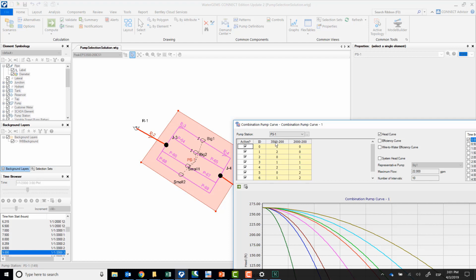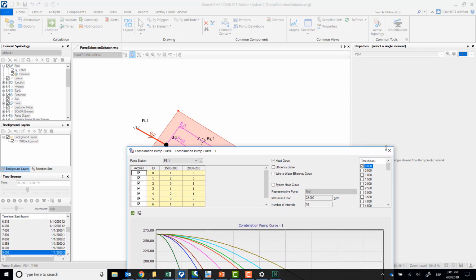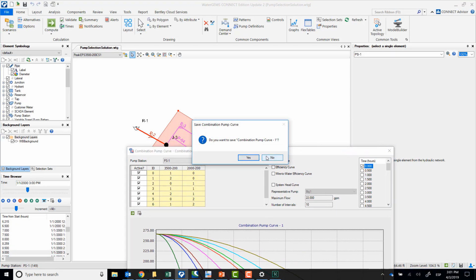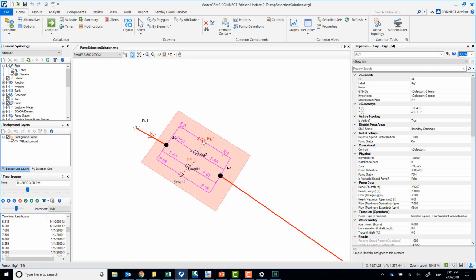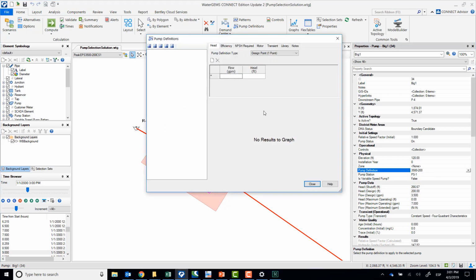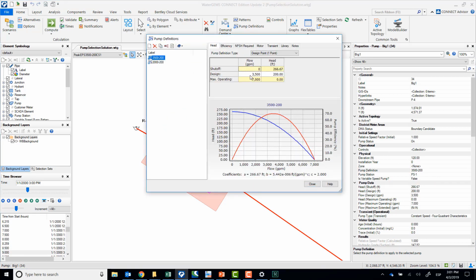This pump curve means the name, if you remember. Let me go back here. I'm not going to save this. The pump definition for this one is 3500-200. And that means that the design point is 3,500 gallons per minute of flow, and that at that flow it produces 200 feet of head.